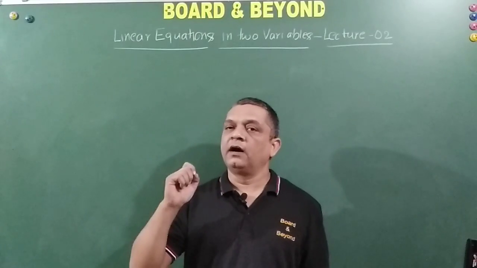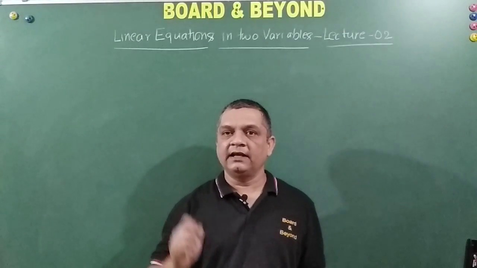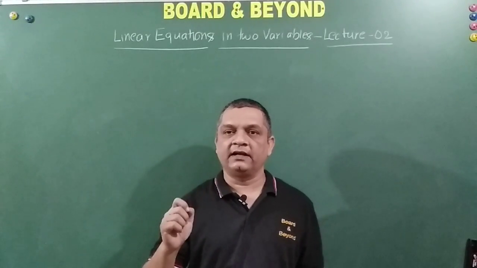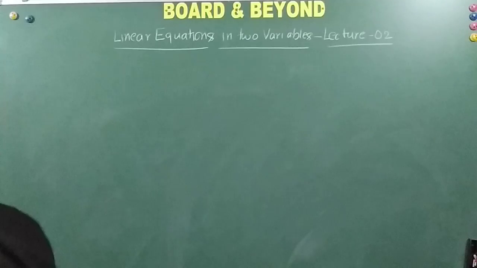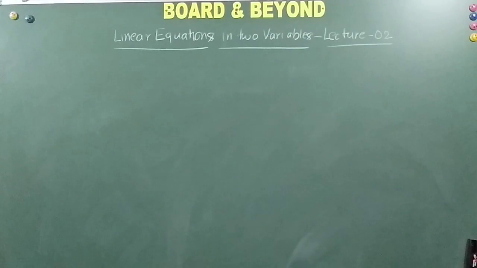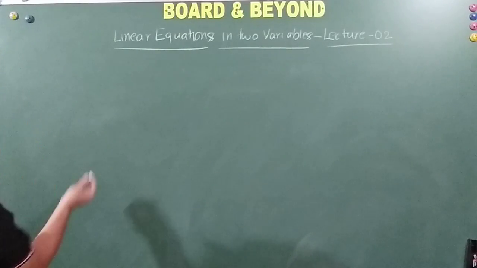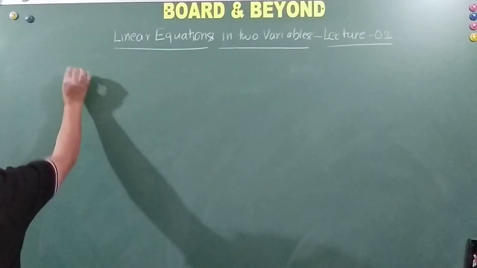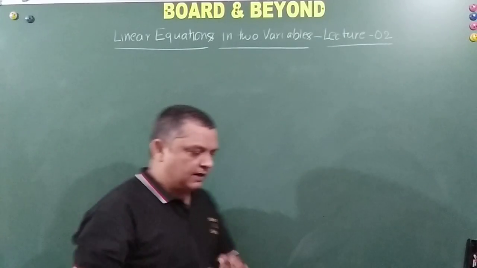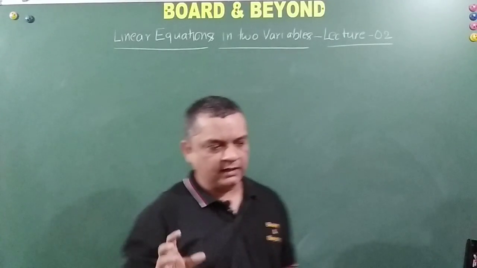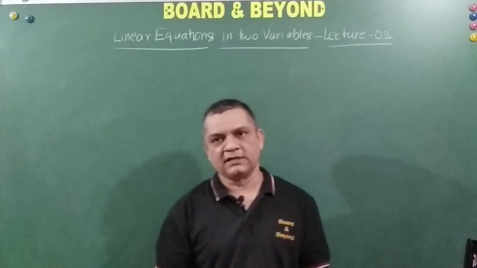Okay, so with this understanding, let us try to understand with one example. Okay, simultaneous linear equations. So with this understanding, let us try to understand how we solve simultaneous linear equations.